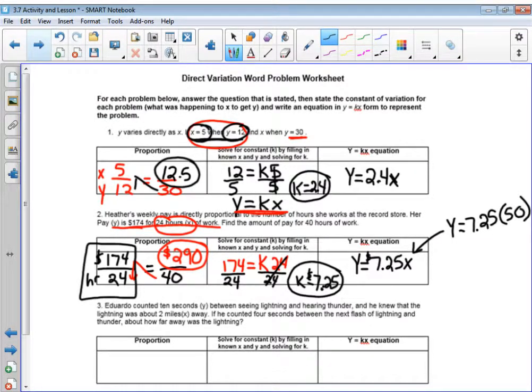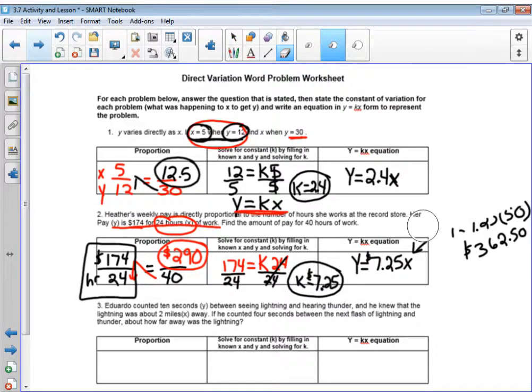So I could punch in 7.25 times 50 and find out that she's going to get $362.50 if she works a 50-hour week. Okay, so that's where you're going to be using that direct variation equation, is sometimes they're going to have you actually plot it out.